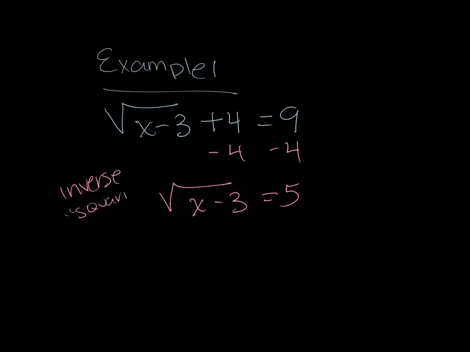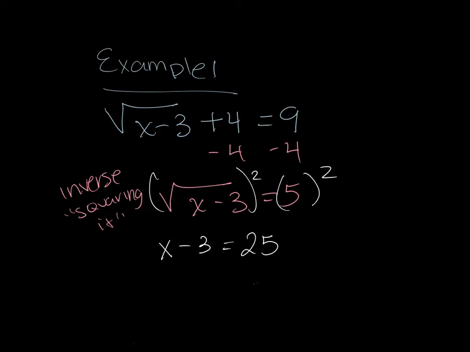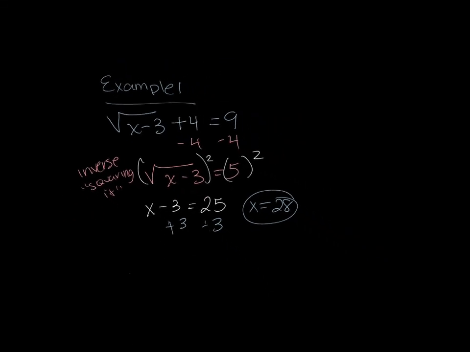We're going to square both sides, and square. So now we have x minus 3 equals 25. Lastly, we solve. So we have x equals 28.